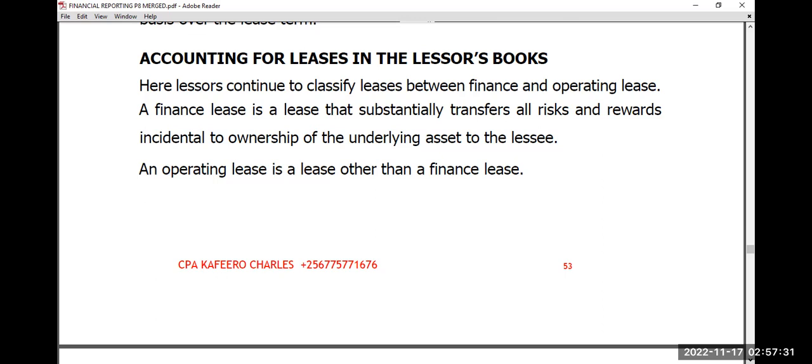If I sell to you a given item or an asset, there are certain risks, maybe theft, they may steal the property. If you lease maybe a truck, and at the end of the day they steal the car, that's a risk, because you are actually the owner of the asset, meaning we've transferred all the risks and the rewards.